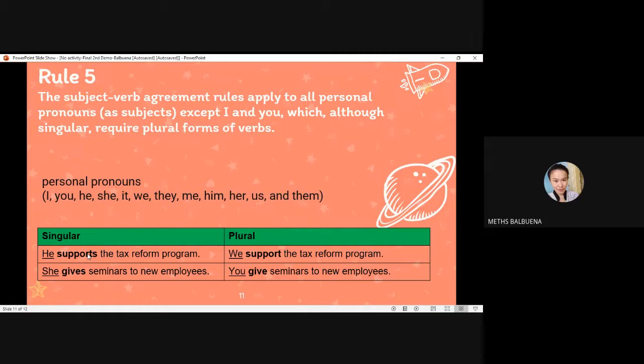In singular, "He supports the tax reform program," and in plural, "We support the tax reform program." In singular, "She gives seminars to new employees." And in plural, "You give seminars to new employees." And that's it. Remember rule number 5: subject-verb agreement rules apply to all personal pronouns as subjects except I and you, which although singular require plural forms of verbs.